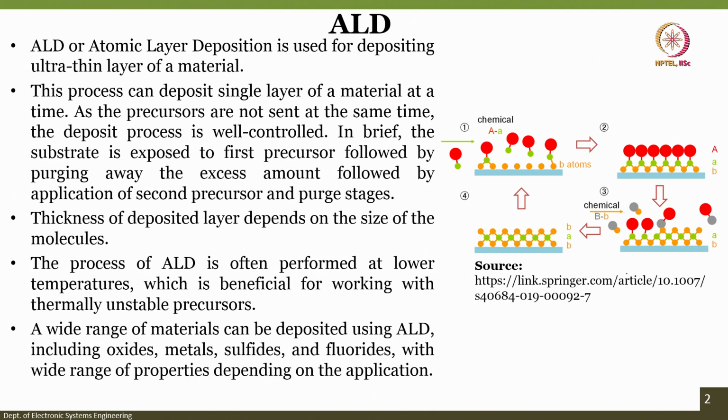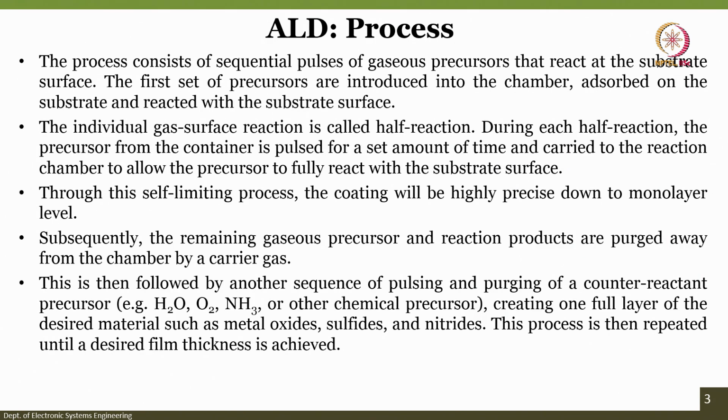You can see here a figure from Springer, where you have a chemical, it reacts with a substrate, and then there are atoms, it forms a layer, and then again there is purging, and again there is a chemical. So, you can form this beautiful ultra thin layer of film using the atomic layer deposition technique.